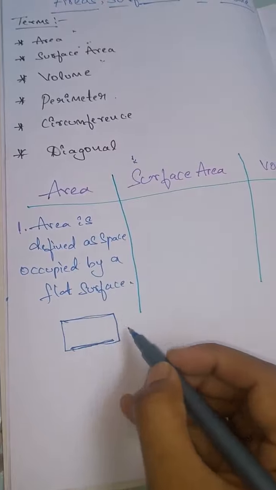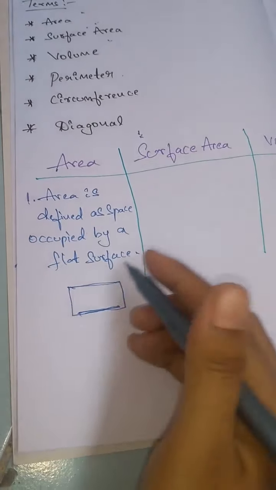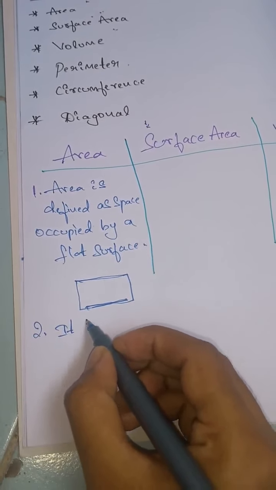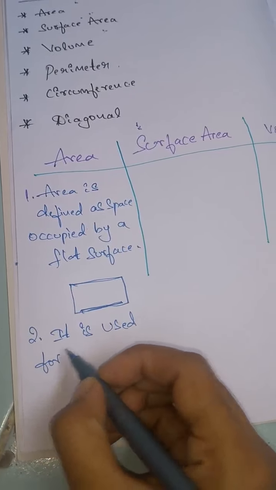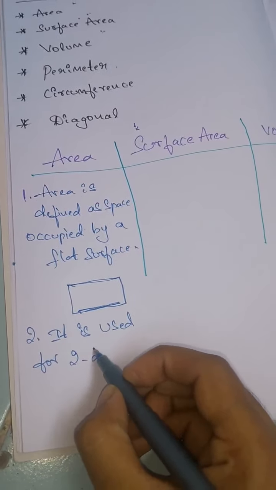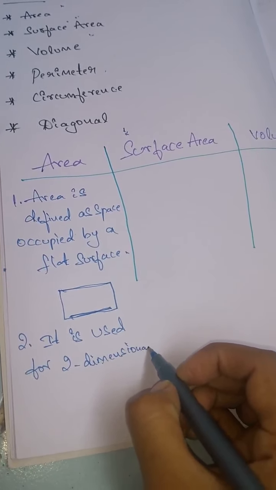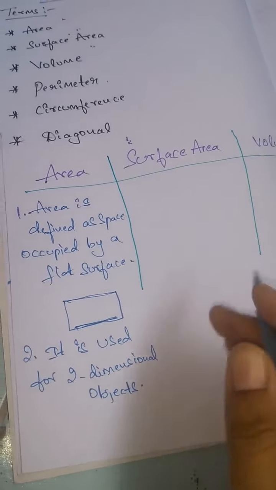So the area of this flat surface. It is generally used for two-dimensional objects only. Two-dimensional objects means it has only two dimensions.